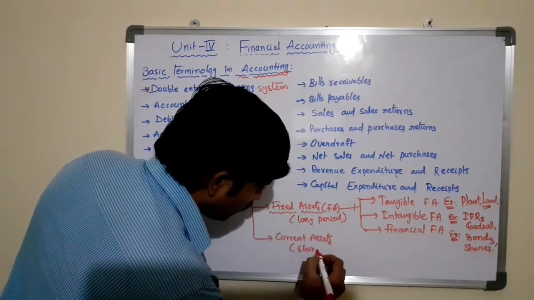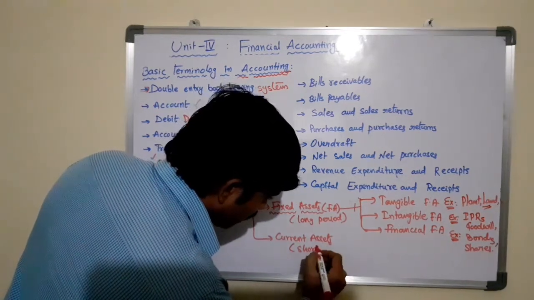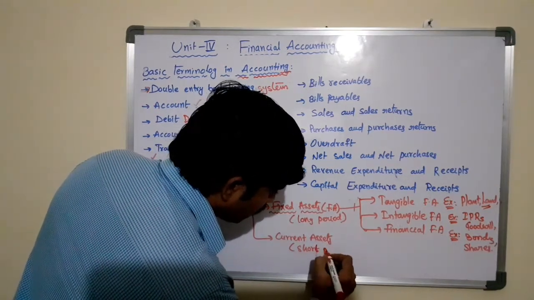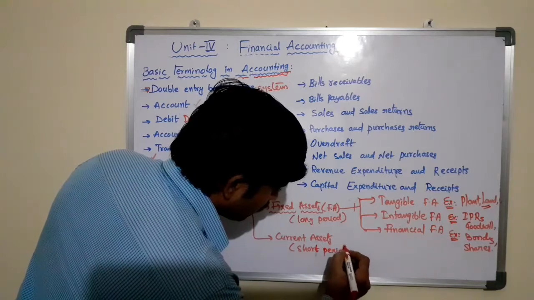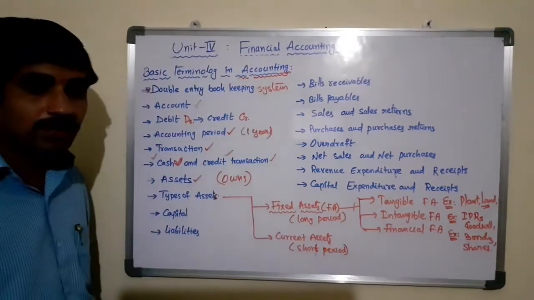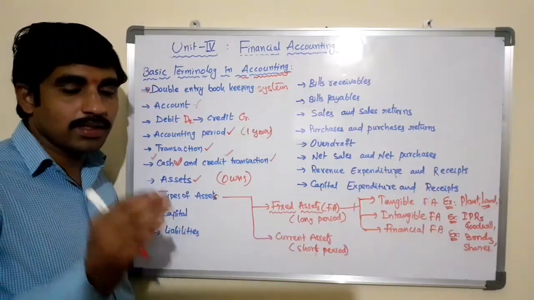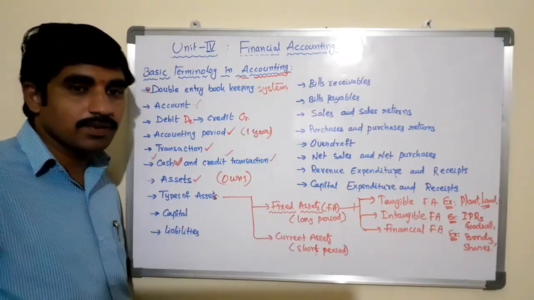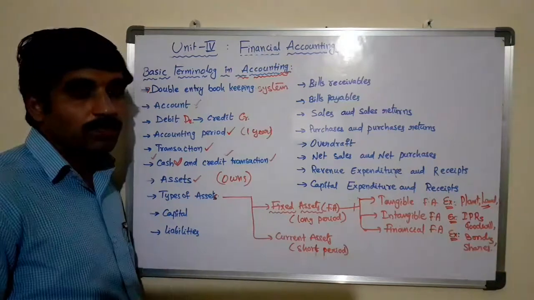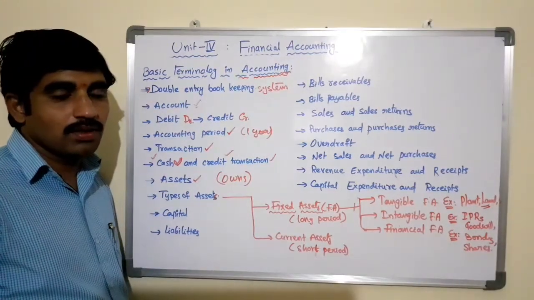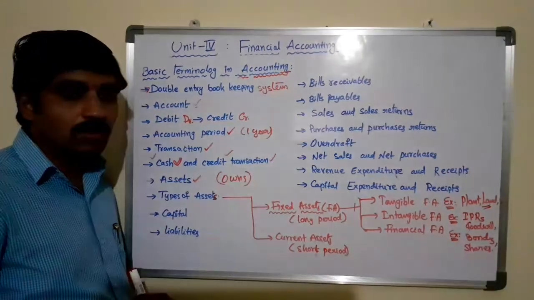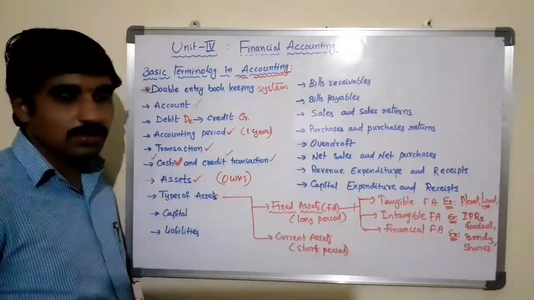Here the duration of the service of the asset is the short period. Such assets are known as current assets, or current assets are the assets which will be converted into another form within a short period.